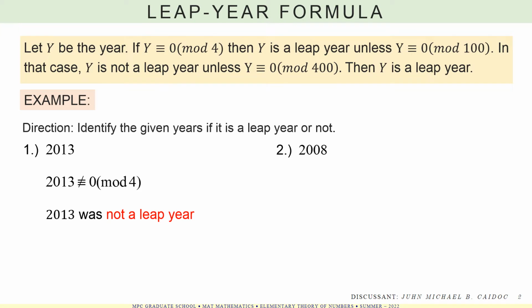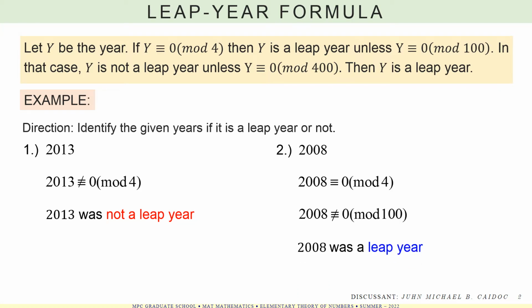Next example, 2008. 2008 is congruent to 0 modulo 4 because when we divide 2008 by 4, we'll get a 0 remainder. And 2008 is not congruent to 0 modulo 100 because when we divide 2008 by 100, we'll get a remainder 8. So that we can say 2008 was a leap year.